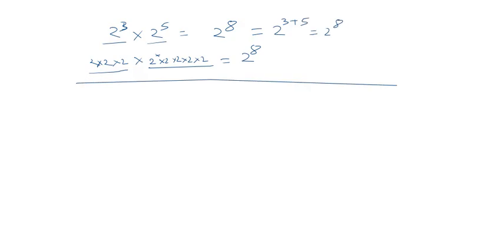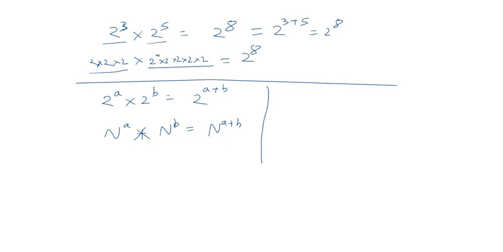There is a simple rule in multiplication. Any number to the power a, any number to the power b, if they are multiplied, powers will be added. Number to the power a multiplied by number to the power b is number to the power a plus b.